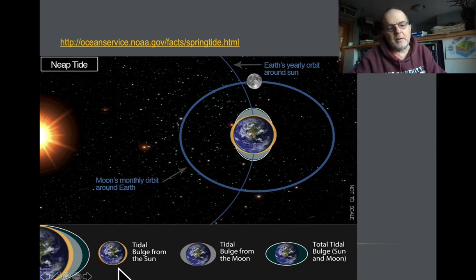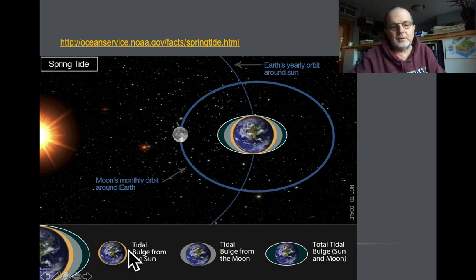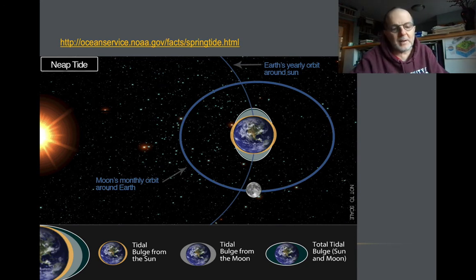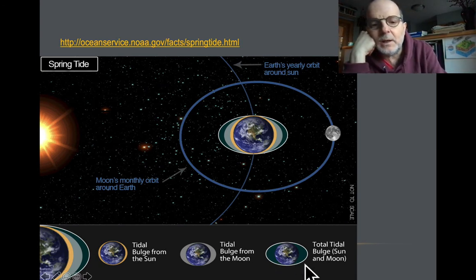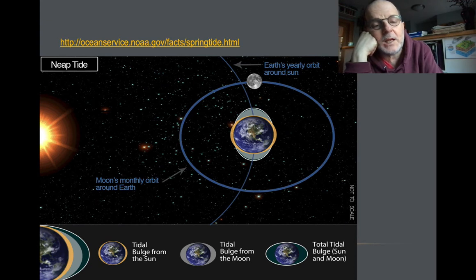And if you look at the diagram, you can see how it's been illustrated. The orange is the amount of tide caused by the sun's gravity. The gray, that which is caused by the moon, and the green, the combination. So just watch the gray, the orange, and the green as they change over the course of a lunar cycle.